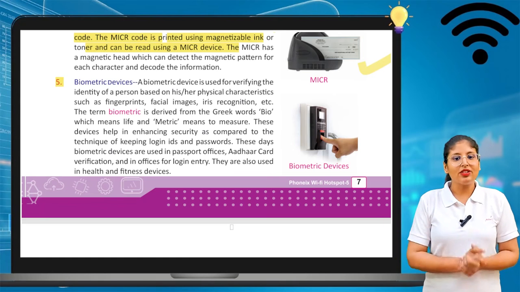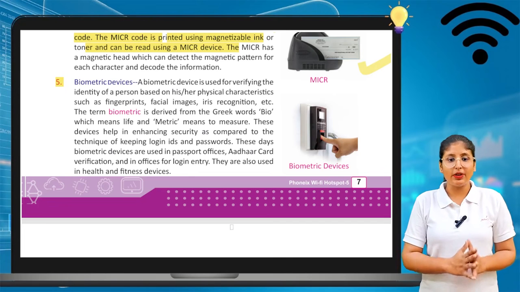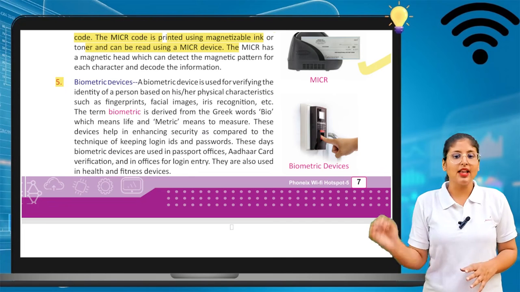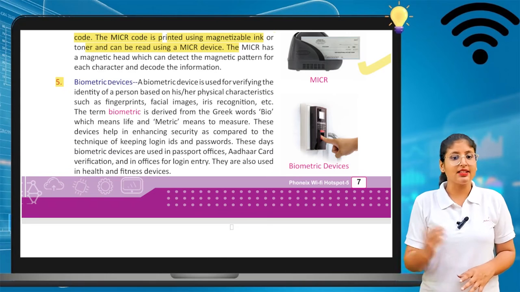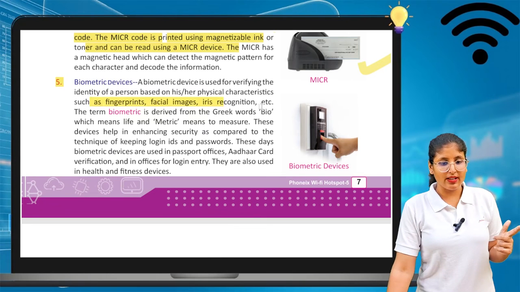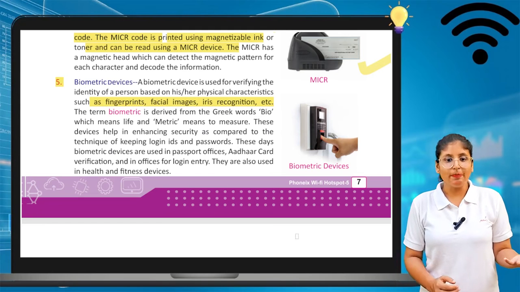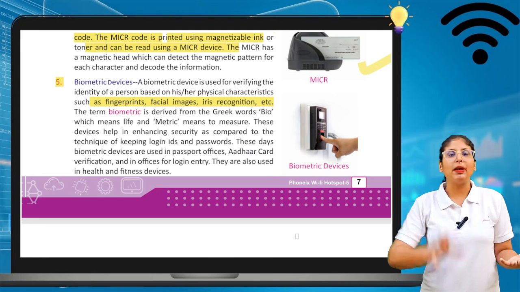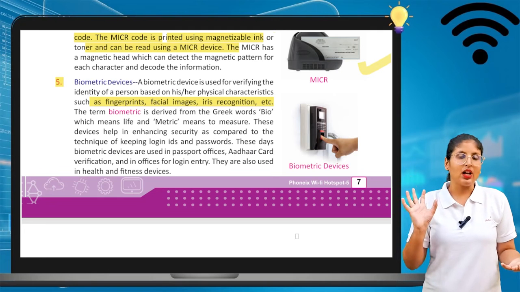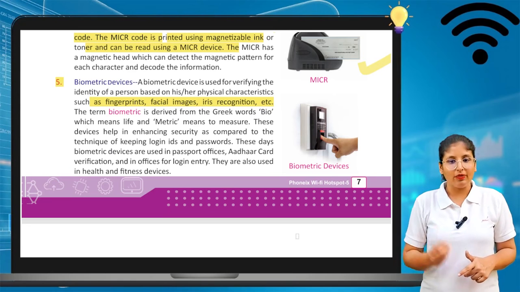A biometric device is used for verifying the identity of a person based on his or her physical characteristics such as fingerprint, facial images, and iris recognition. So normally biometrics help us identify a person with the help of their face, their fingerprint, or their iris.